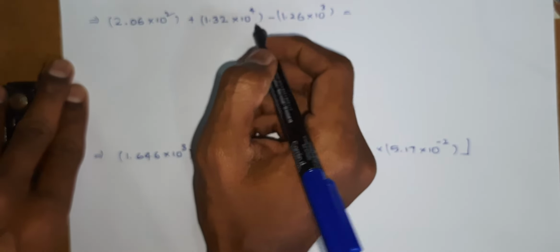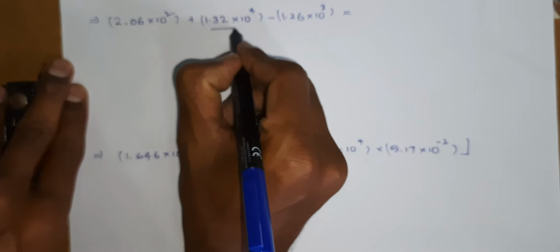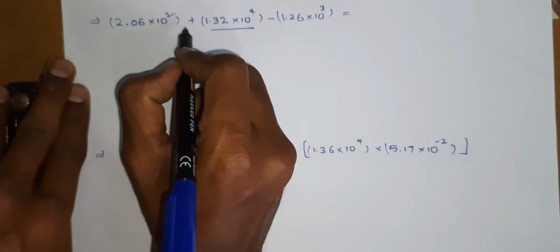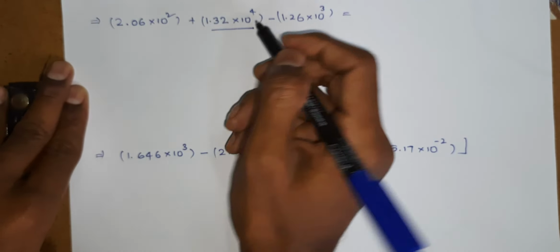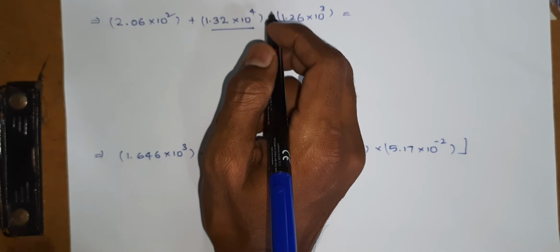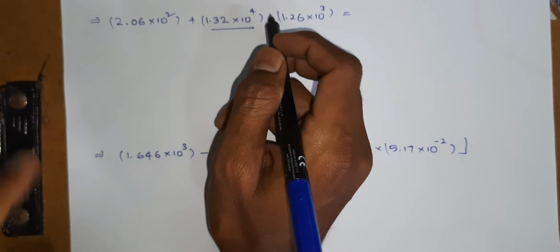So here the large quantity is this one. First of all, this is an addition and subtraction, so the significant figures depend only on decimal places.